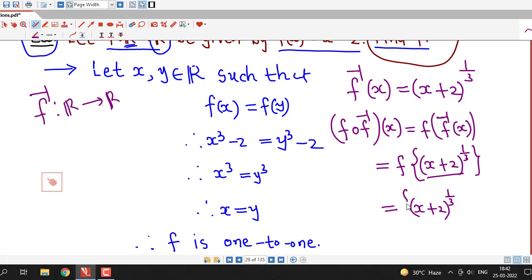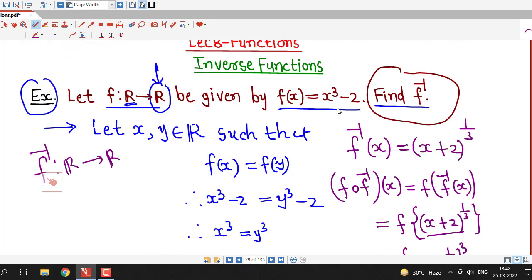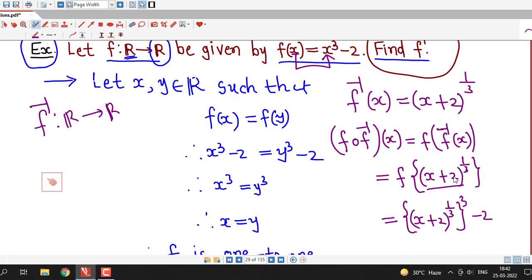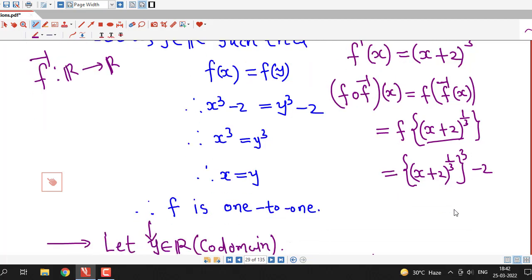So we have to take the cube of this minus 2, because we are using this formula. If we have x, then the image of x is the cube of x minus 2. Instead of x we have (x plus 2) raised to 1 by 3, so its image is the cube of (x plus 2) raised to 1 by 3, minus 2. And if we take the cube of (x plus 2) raised to 1 by 3, we obtain x plus 2, and minus 2, so that is x.